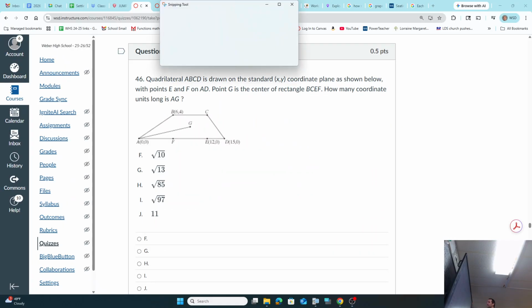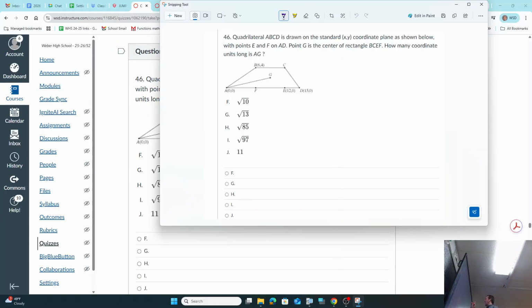Okay, but what we figured out is that this is a rectangle, B, C, E, F. So that means that G is actually a midpoint. So now we're going to do the midpoint formula, which is x1 plus x2 all over 2 and y1 plus y2 all over 2.